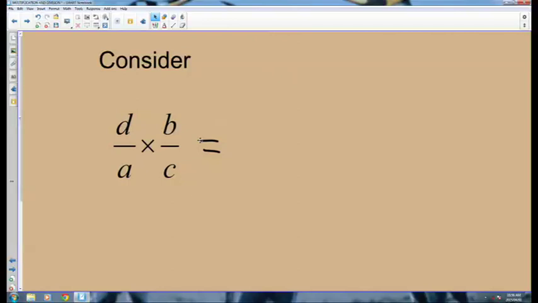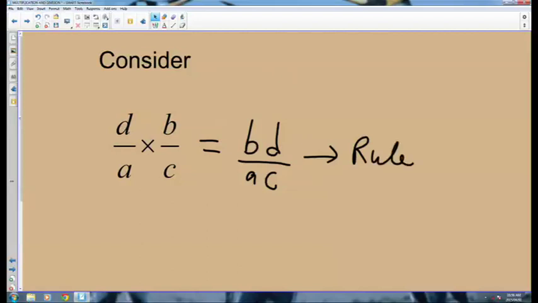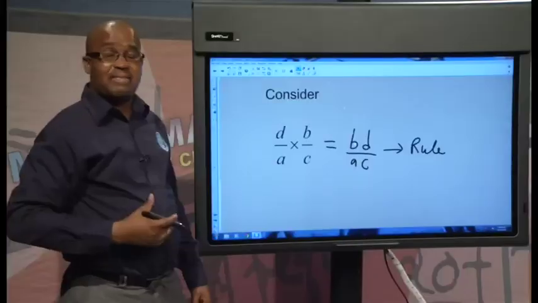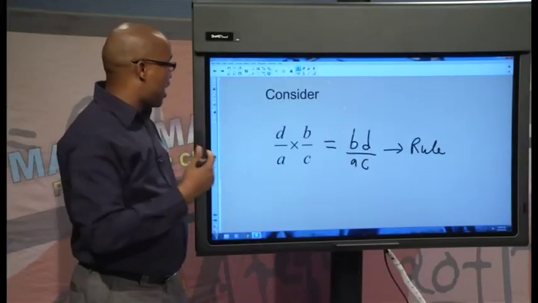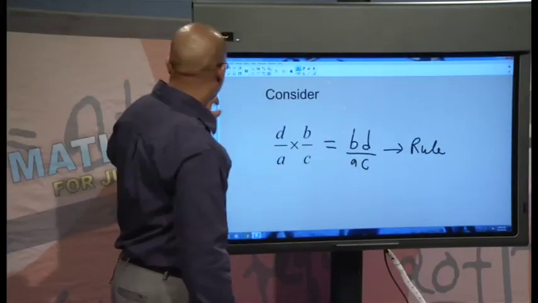So this is the numerator and this is the numerator as well. And then you multiply the denominators. So this is the rule that you have to follow. You simply multiply the numerators and denominators as we have done. Then let us have a look at specific examples where we are going to apply this rule.